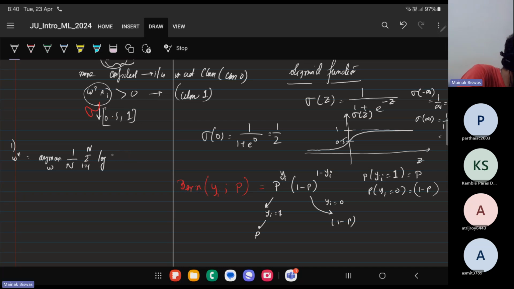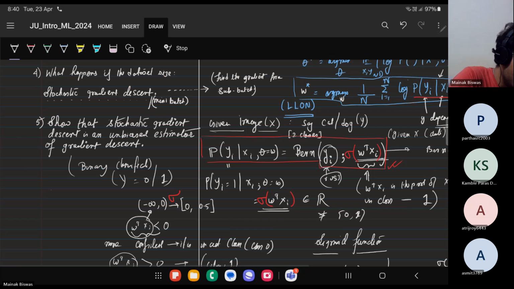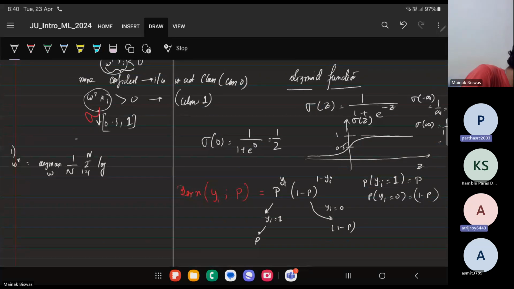So what is the value of p in our case? It is sigma of W transpose X_i.